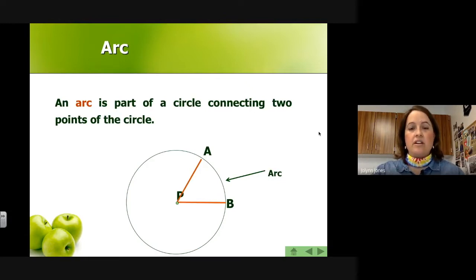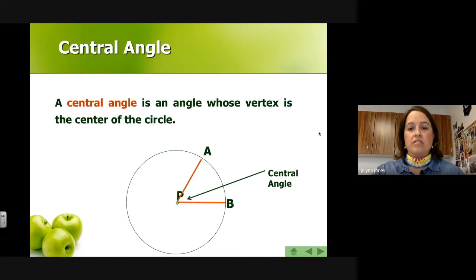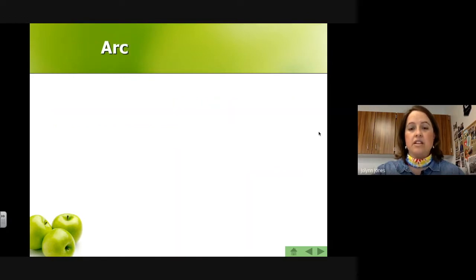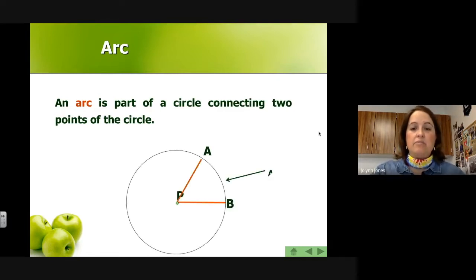Let me back up. The central angle is the angle APB, and our arc is the arc AB.